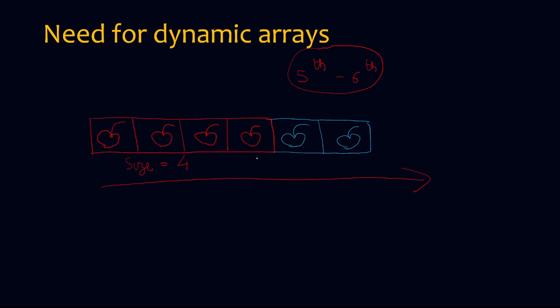We need our array to grow in size. So what can we do here, right? Now, one way to do this will be to just add one phantom compartment at the end of the array, right? So if we just add one phantom compartment, we'll be able to accommodate our fifth element in it, but the sixth one would still need some more space.